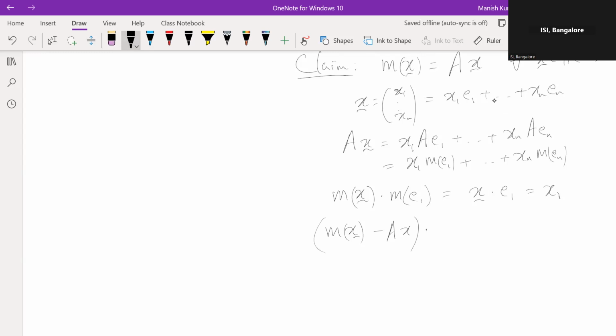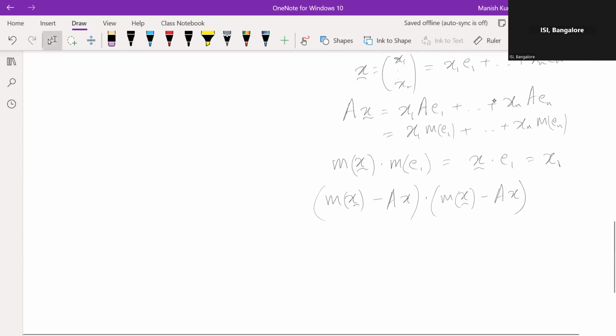If I want to prove this is the zero vector, I just have to compute that the length of this is 0, which is the same as saying that this inner product is 0. So what is this inner product?